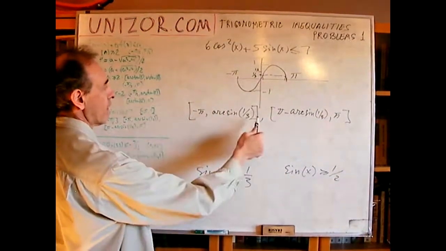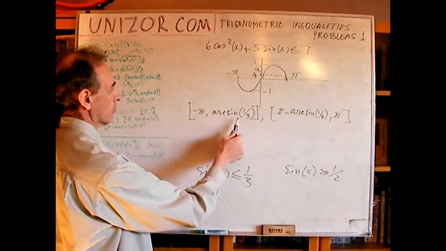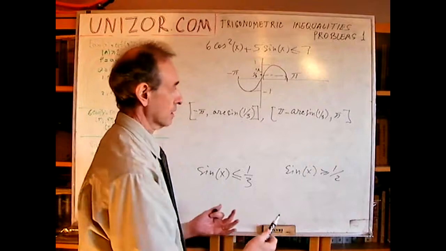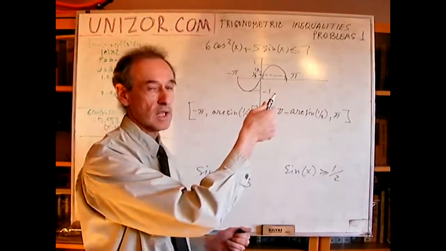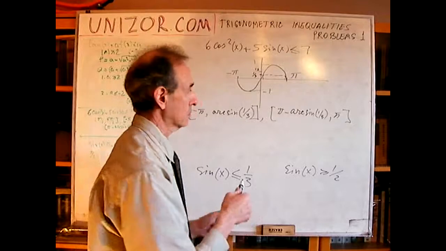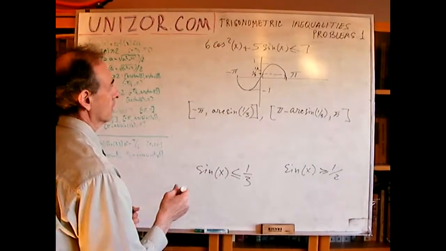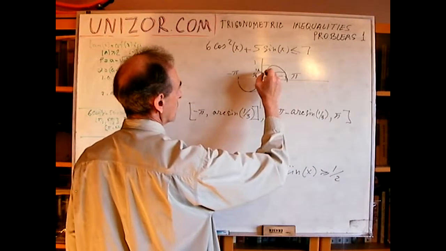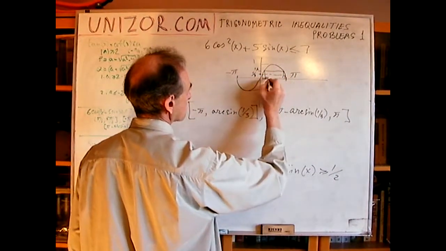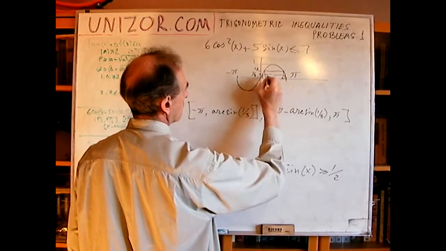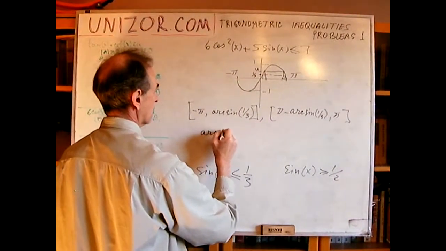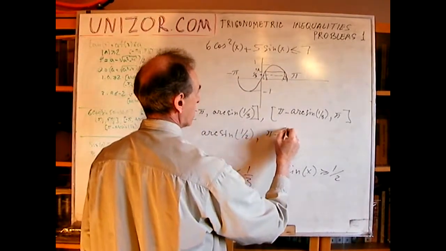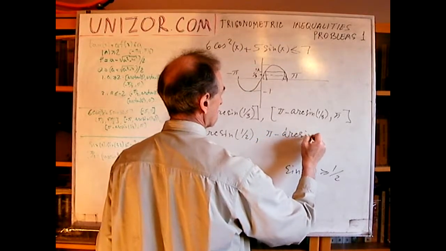By the way, I specify the interval as two numbers, the left and the right part, and the square bracket means it's including the endpoints. If it's not including, like in case of tangent, I use the round parentheses. Now, what about 1/2? That's yet another solution. So here we have greater than, so it means it's in between these two points, from here to here. So this is obviously arc sine of 1/2, and this one is pi minus arc sine of 1/2.